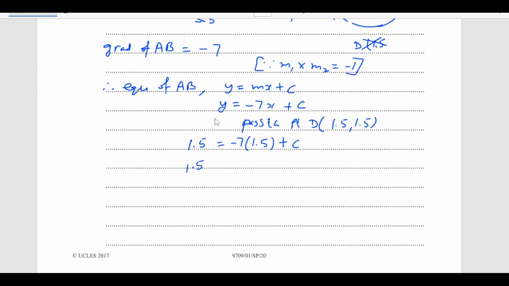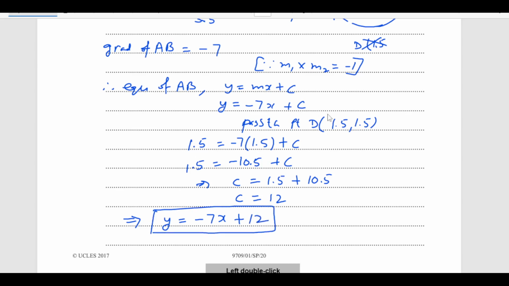So 1.5 equals 1.5 times 7, which is 10.5 x. Now x we have kept it here. So c is equal to 1.5 plus 10.5, which is 12. So we got the value of c as 12. So the equation of the line is y equals negative 7x plus 12. So this is the answer from this equation.